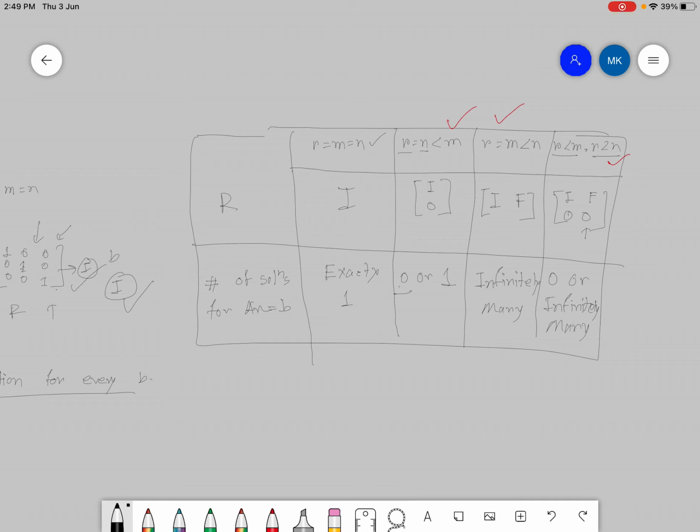If there is any solution, then it would be infinitely many solutions, because there are free variables and the null space is not empty. And if there is no solution, then it is 0.